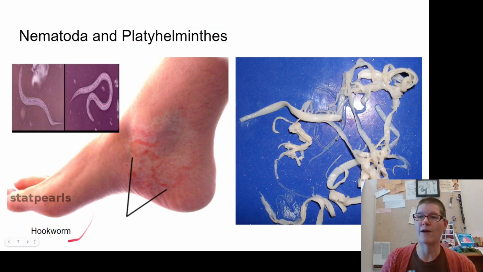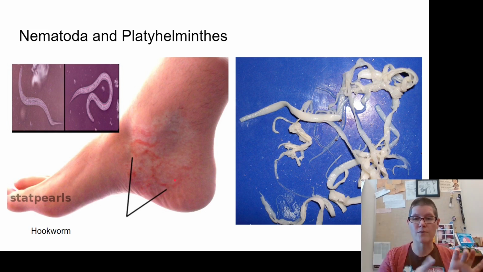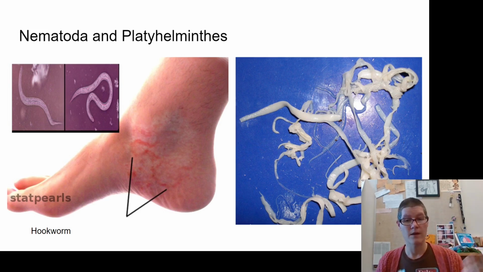Here's an example of a roundworm, a hookworm. Hookworm gets typically in through soils, and you can see the little roundworm look here, and also you can see how it literally burrows underneath the skin to live, and then it will lay little eggs and then hatch again and cause all kinds of trouble. And then from the Platyhelminthe side, the flatworms, many people are familiar with tapeworms, and tapeworms are, well, exactly that.